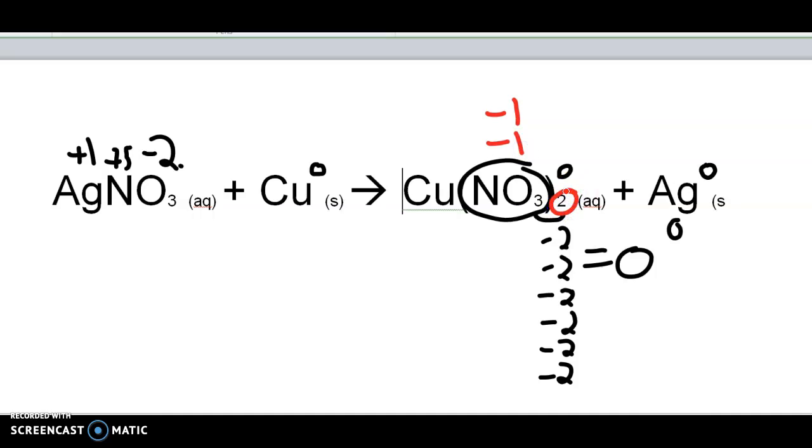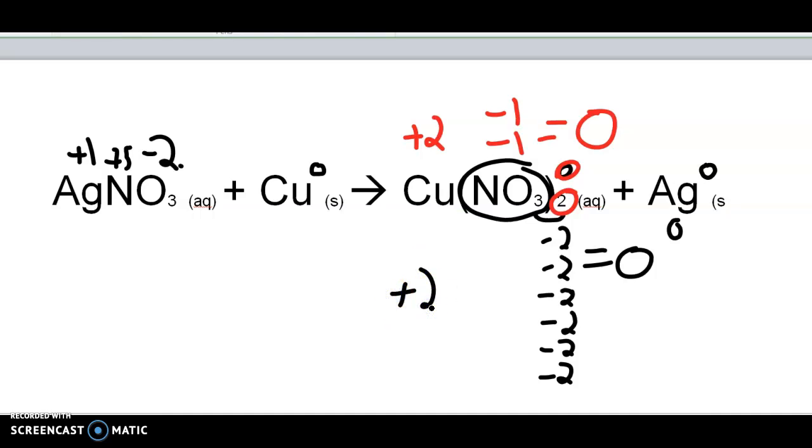Now, if the overall compound is neutral, copper therefore must have overall a plus 2 charge. That's the only way plus 2 and 2 negative 1s equals 0. So we know copper's charge over here is plus 2.